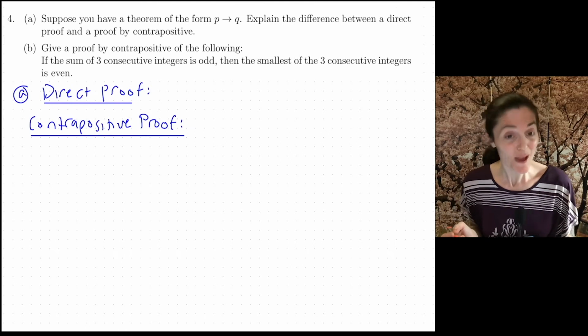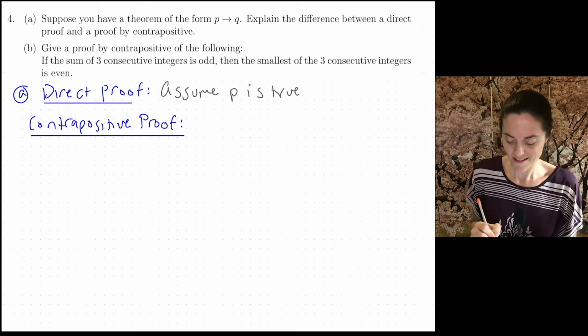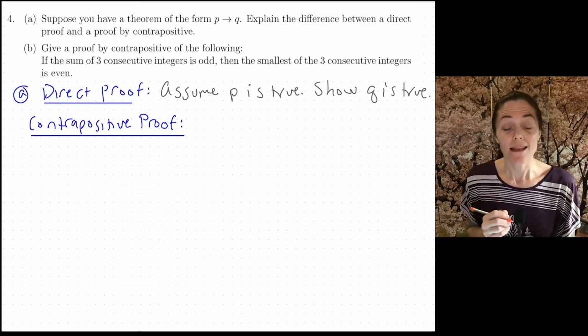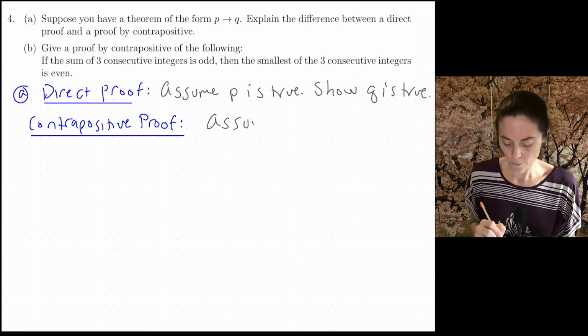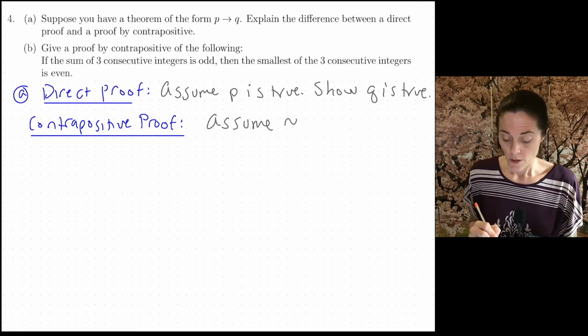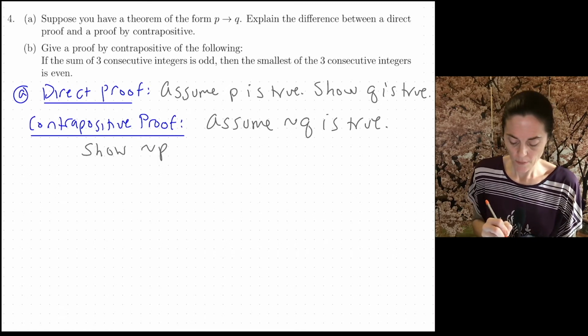In a direct proof, we assume P is true, and we need to show Q is true. Now, in a proof by contrapositive, we assume not Q is true, and then we show not P is true.